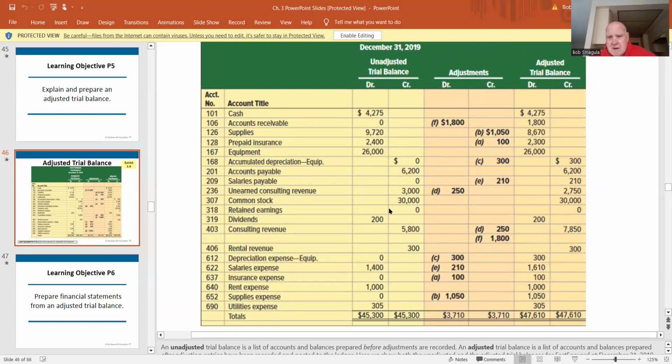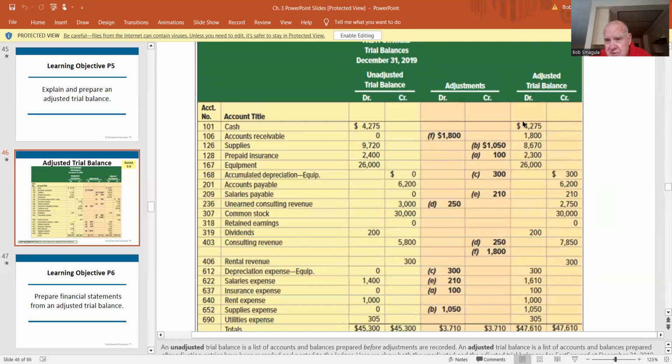They are taking the entries that we just did on the earlier slides and demonstrating how you update the trial balance. Well, we had that $1,800 in accounts receivable. So that increased the accounts receivable from 0 to $1,800.